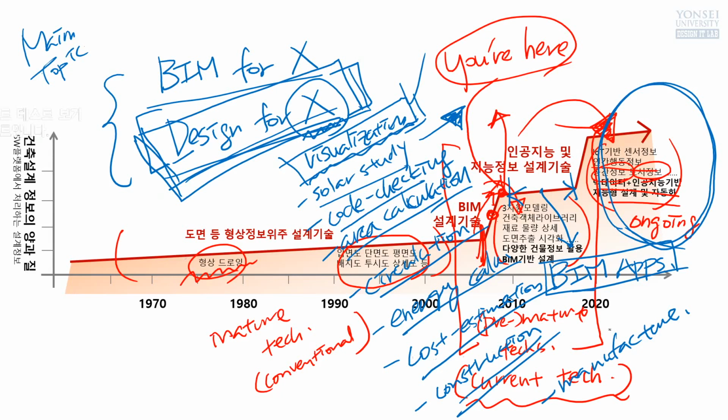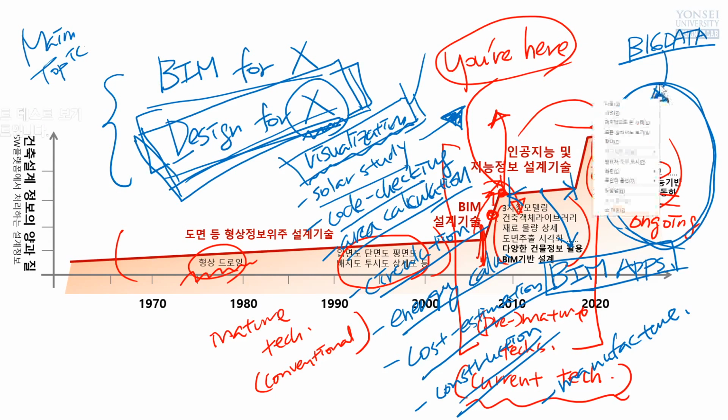something certainty-based, so-called restricted data-based. But this one, a huge size of data, so-called big data, can be collected from existing buildings and research results and so on. So how do we use them in actual design, in actual projects?